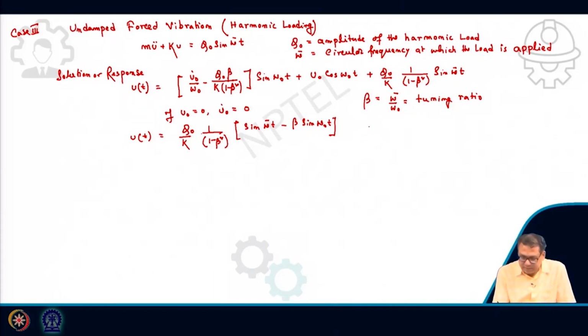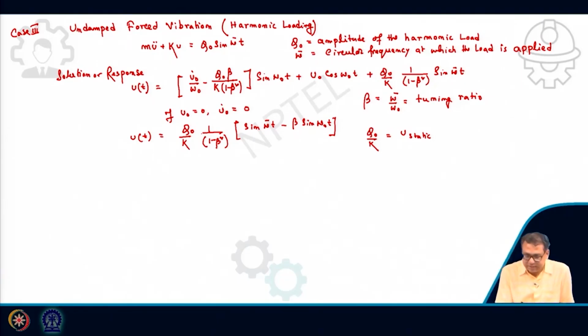Now, here I can write that q0 by k is equal to the static displacement, because static force is equal to displacement into the stiffness. If this is u static, then this term 1 by 1 minus beta square is called the magnification factor.